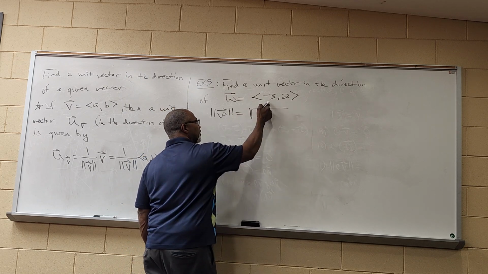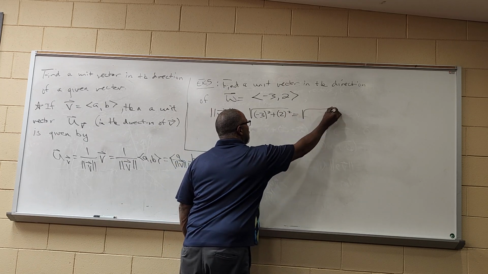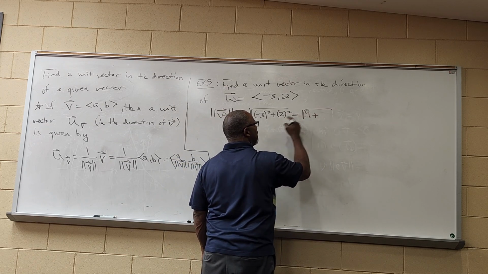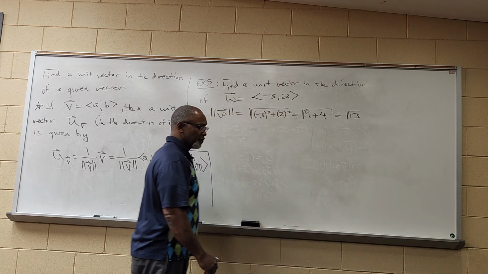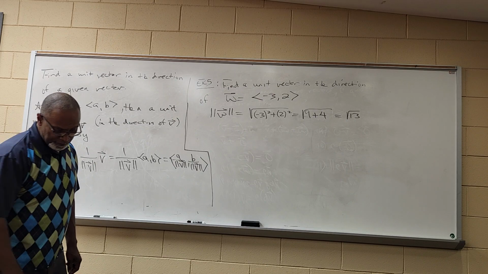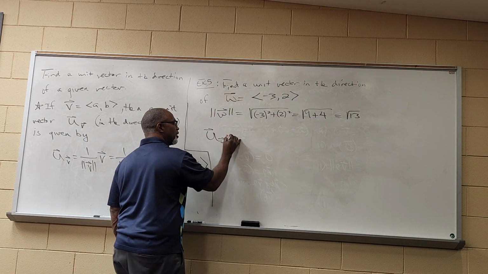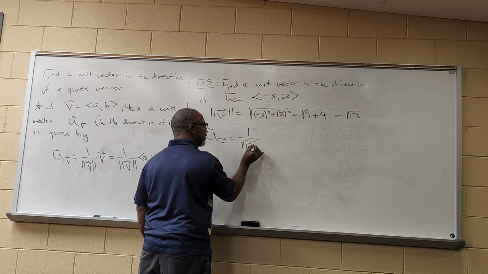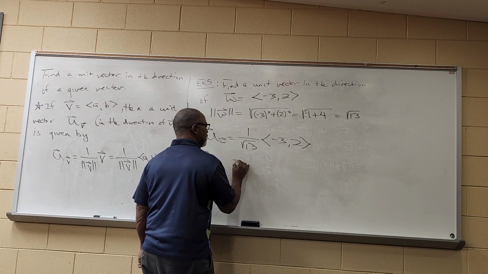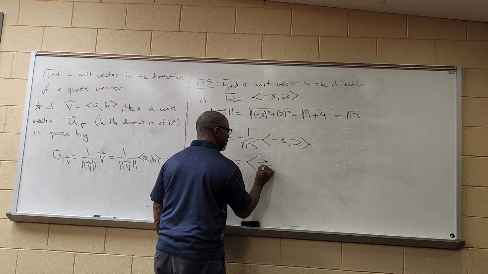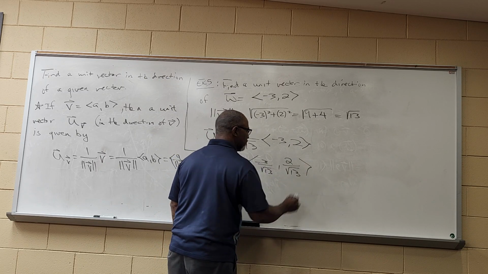That's never anything more than taking the square root of each coordinate squared. Negative 3 squared is 9. 2 squared is 4. Square root of 13. So my unit vector in the direction of w will be 1 over the square root of 13 times w. W is negative 3, 2. So that would just be negative 3 over square root of 13, 2 over square root of 13.